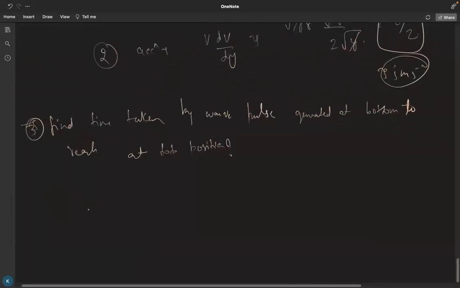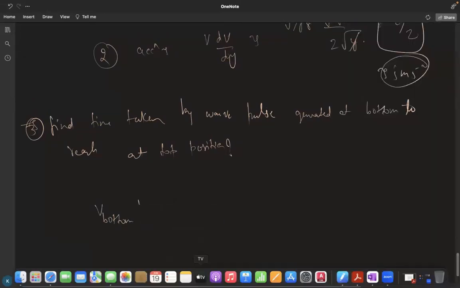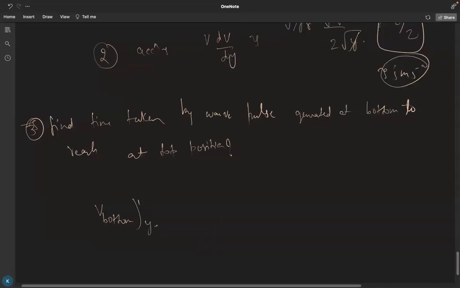So what I'm going to apply here is, we have a velocity at the bottom. So at y is equal to 0, as we derived in the above problem, v is equal to root under yg. So at y is equal to 0, we get the velocity equal to 0 meter per second.